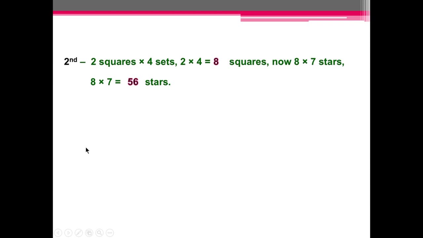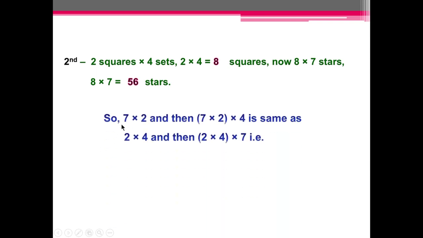Very good. So, what you observed in this property? 7 multiplied by 2 and then multiplied by 4 is same as 2 multiplied by 4 and then multiplied by 7. That is 56 stars. Very good.